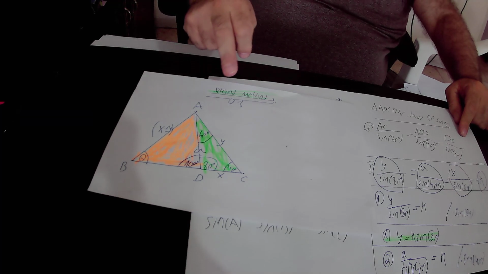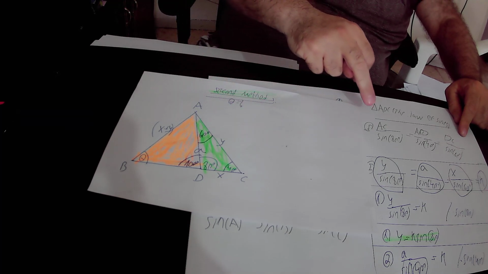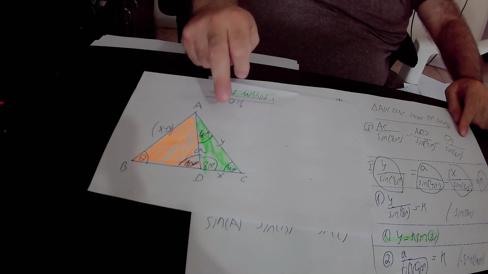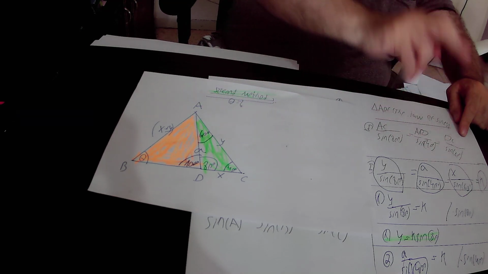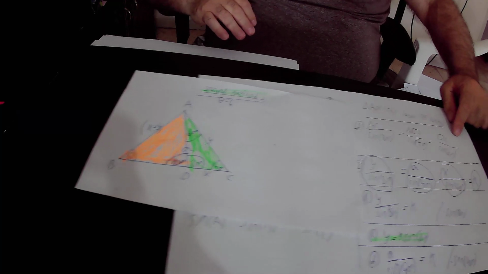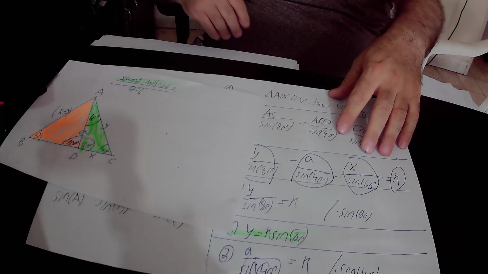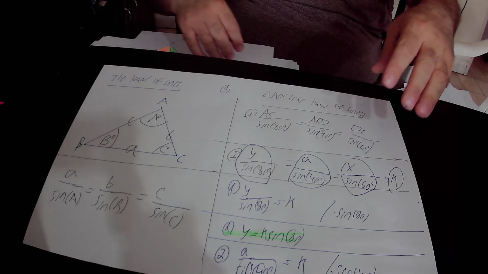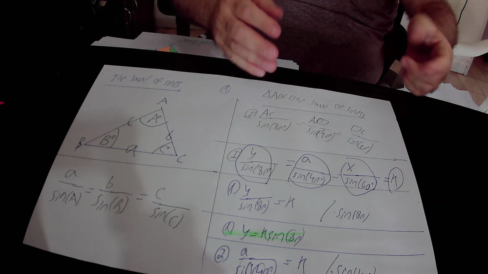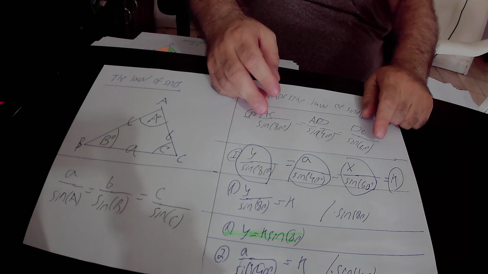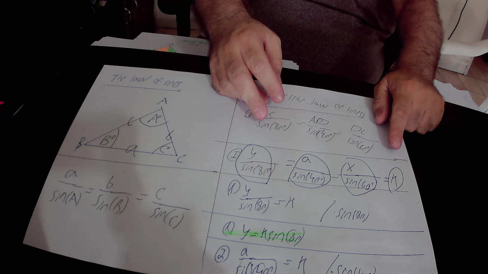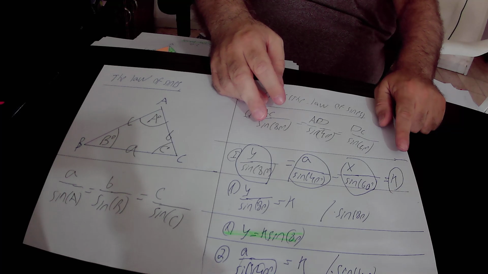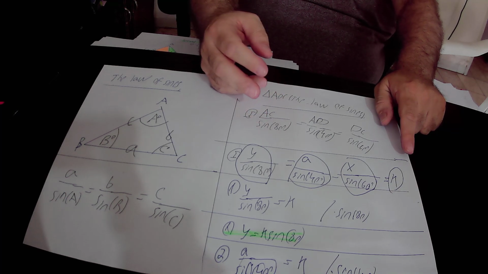AC equals Y, so we substitute AC by Y, AD equals a, we substitute AD by a, DC equals X, so we substitute DC by X. And then we have here three expressions that are all equal to each other. So we can define the value of each expression as K. So I can say that the three expressions that are equal to each other are equal to K.